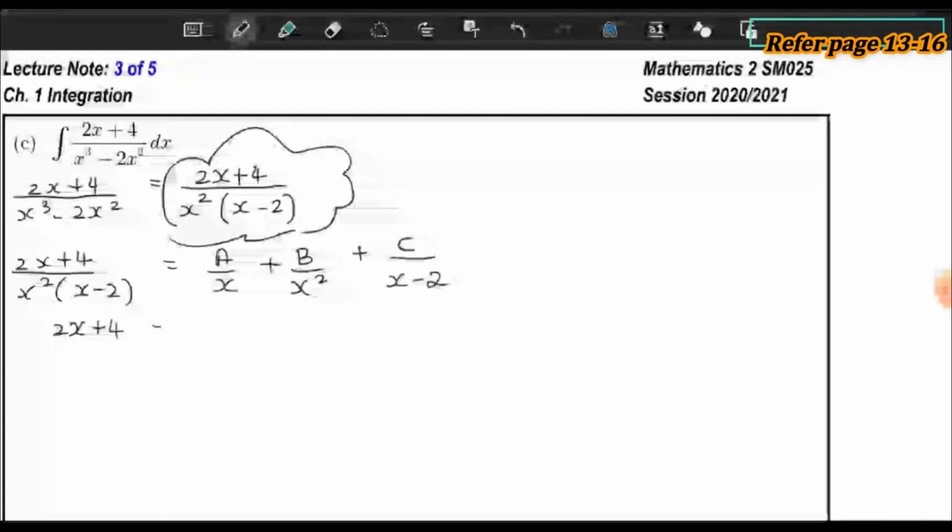2x plus 4 equal to a times x minus 2 plus b times x minus 2 plus c x squared.